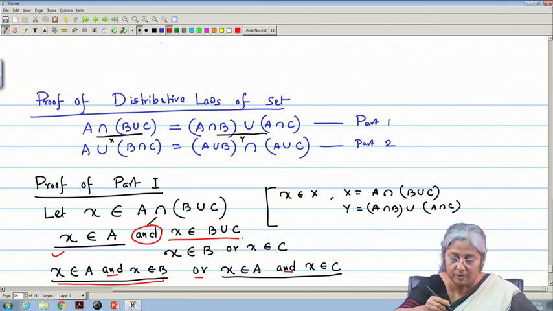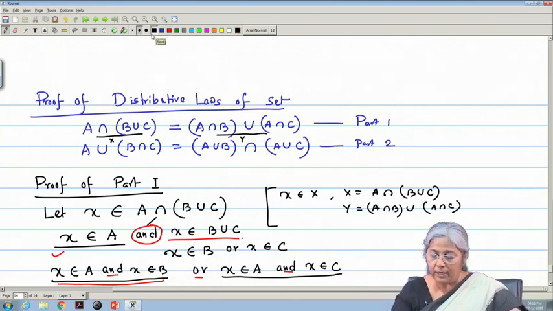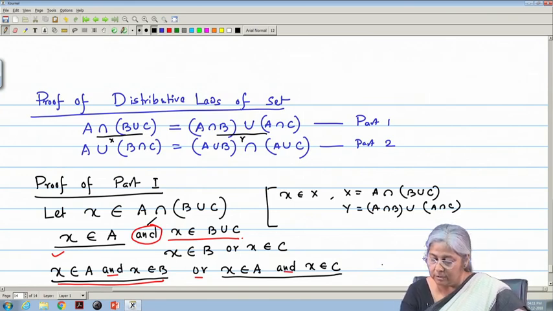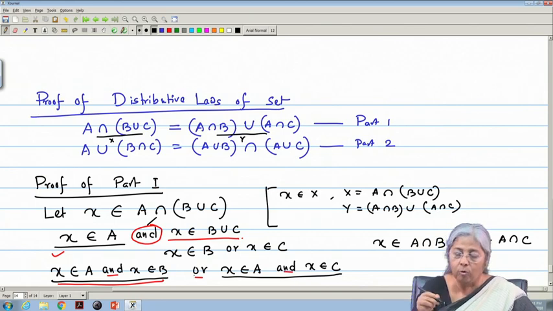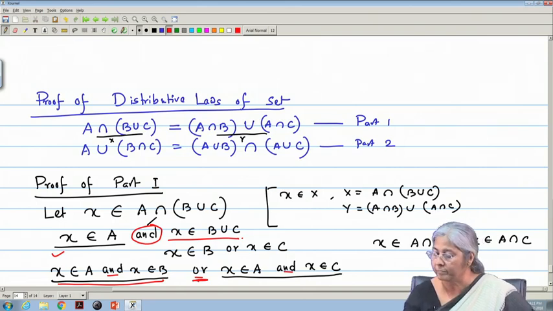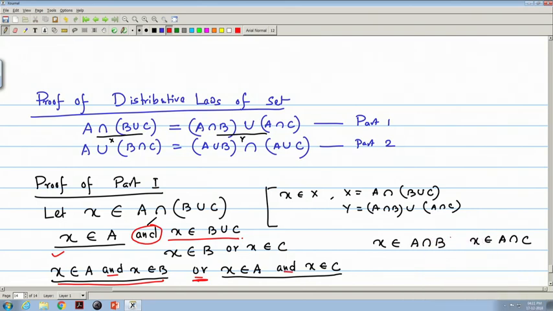So, I can write that x belongs to A and x belongs to B, which equals x belongs to A intersection B, since it is and, and x belongs to A intersection C, and this or I can replace by union.